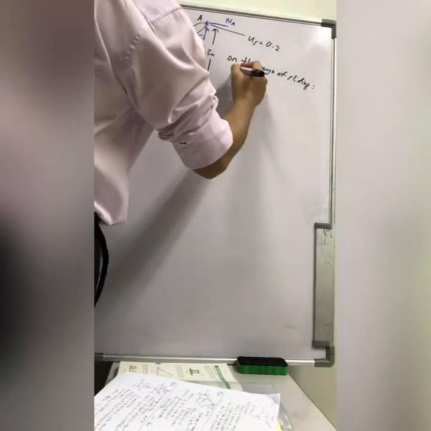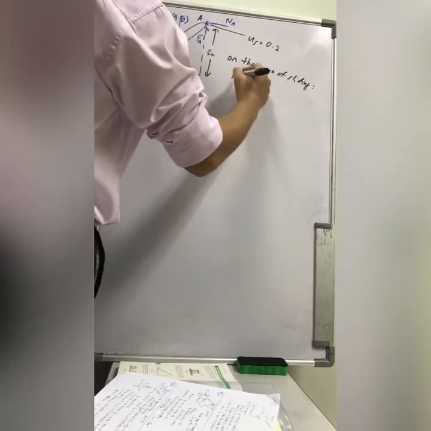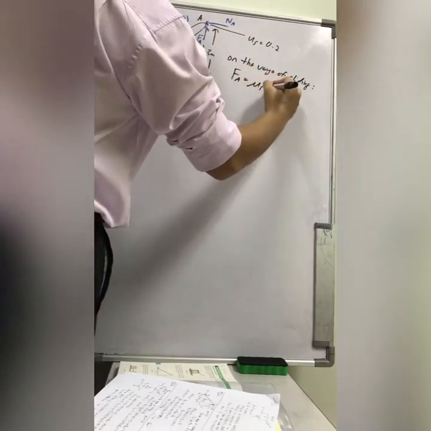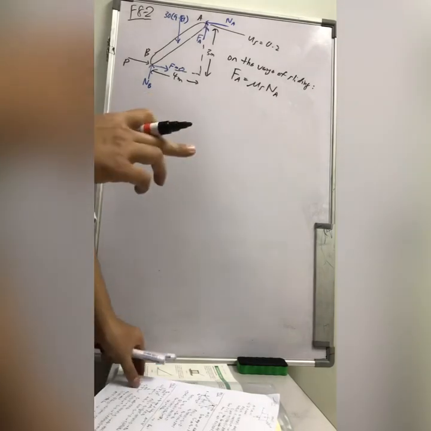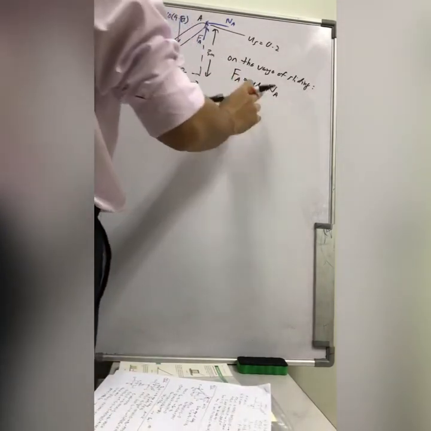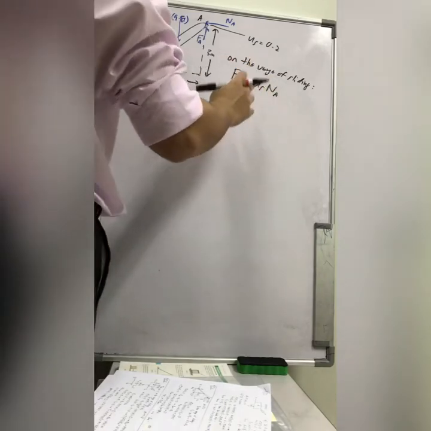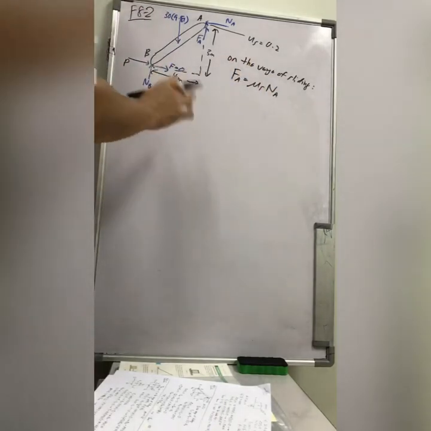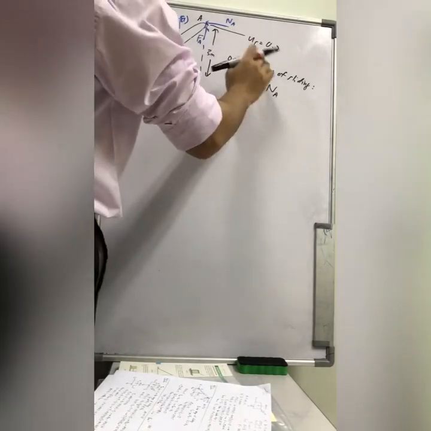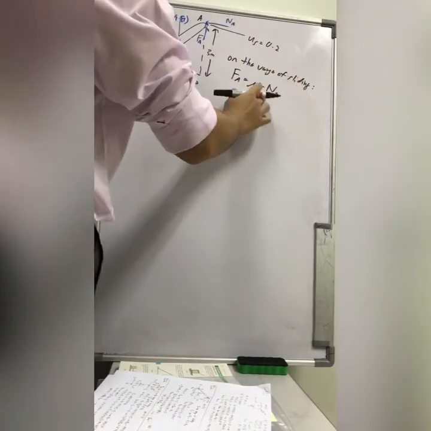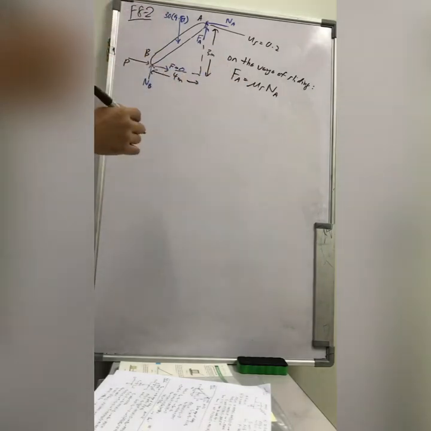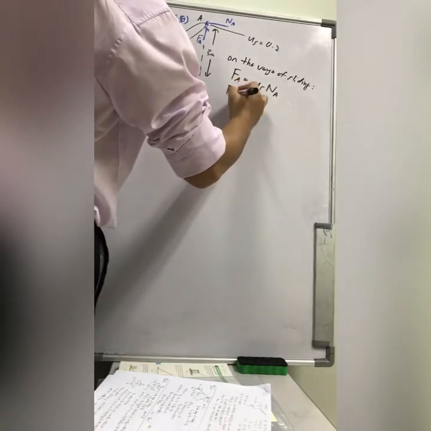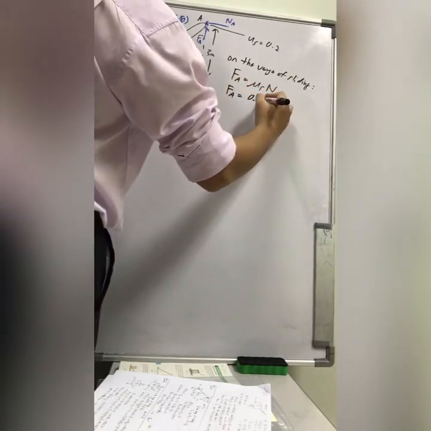In this case, your FA is mu S NA. And please understand this: don't use this equation, F equals mu N, all the time. You need to check. Only when you know that it is on the verge of sliding, about to slide, only then you do that. Otherwise, don't use this equation, it's wrong. In this case, your FA in terms of NA will be 0.2 NA.